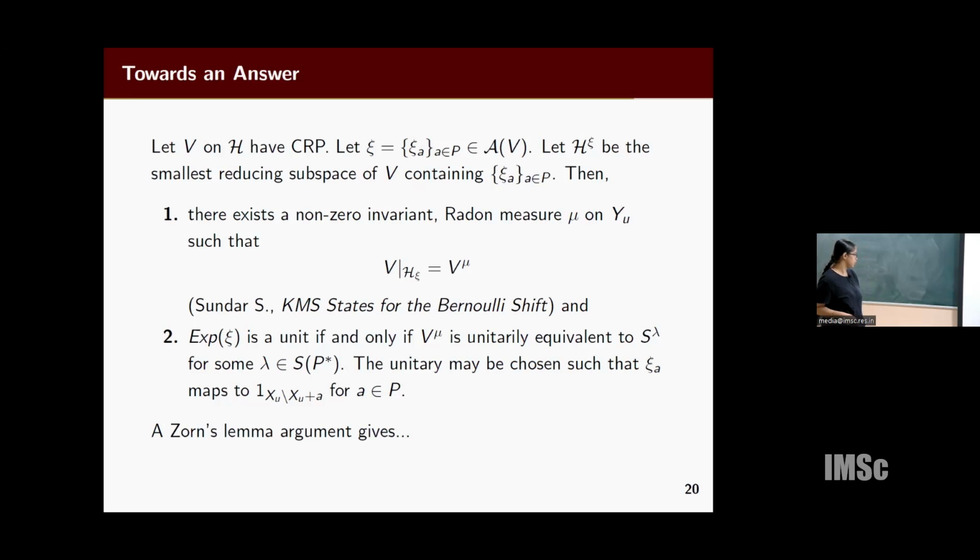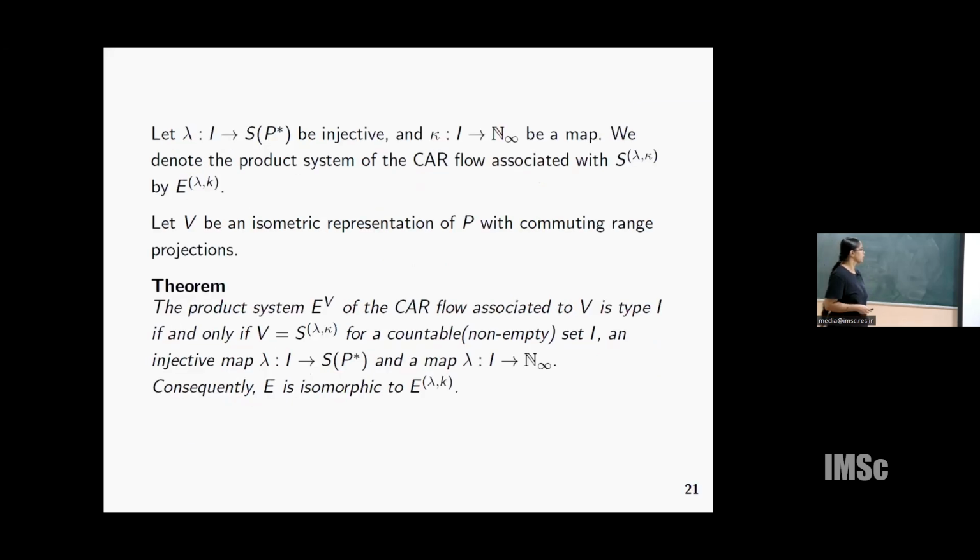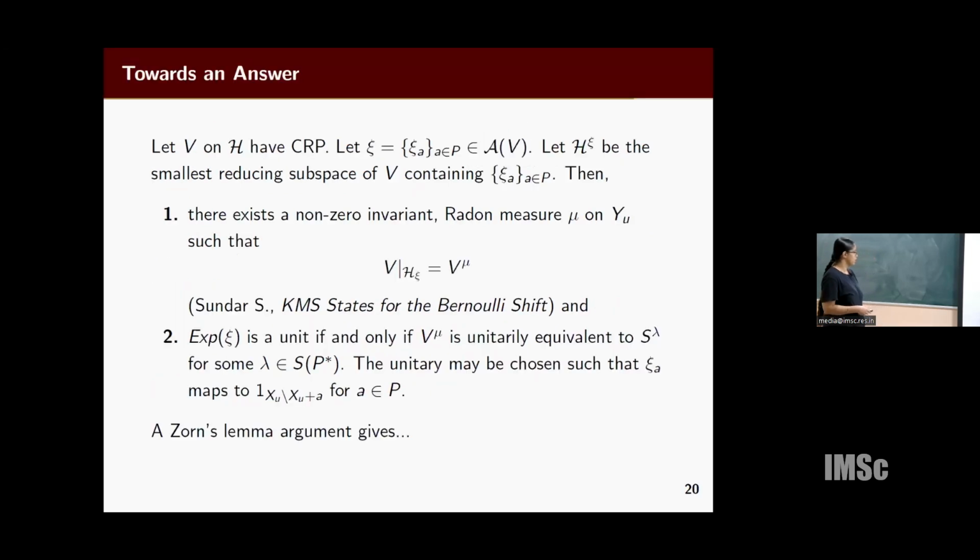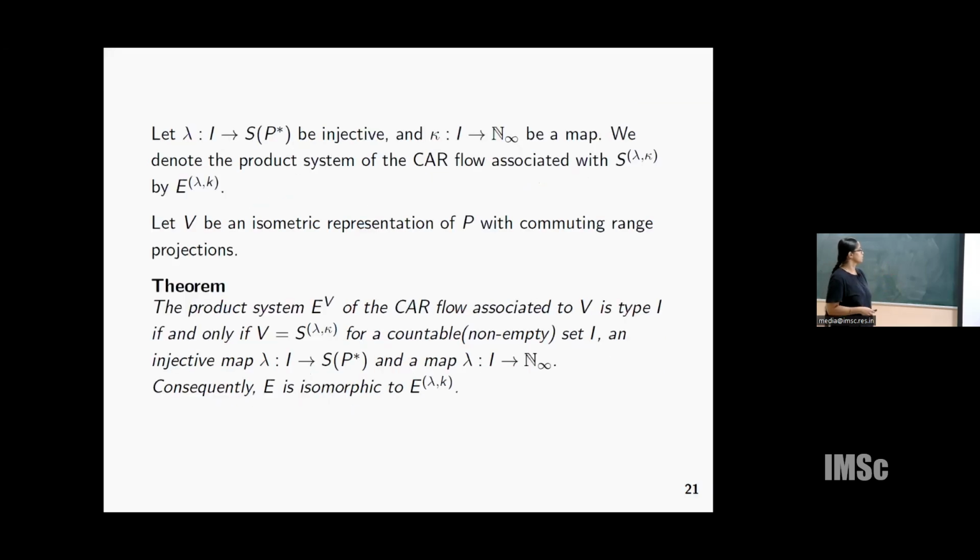So if you look at the subspace generated by this additive cocycle, it's always type 1. After a Zorn's lemma argument, what we get is that any type 1 product system is actually a sum of these S lambdas. Take a map lambda, which is injective, from I to S of P star, and a map K from I to N union infinity.